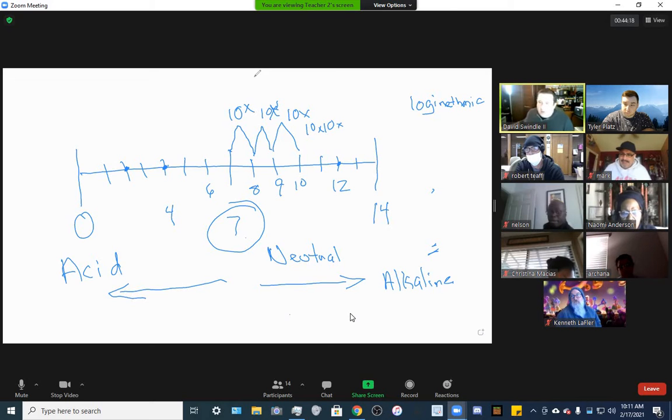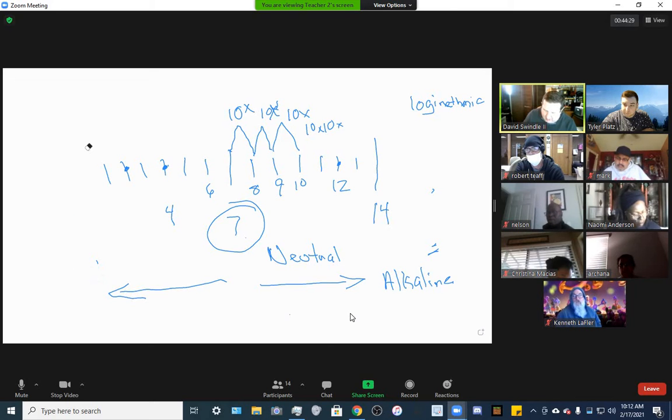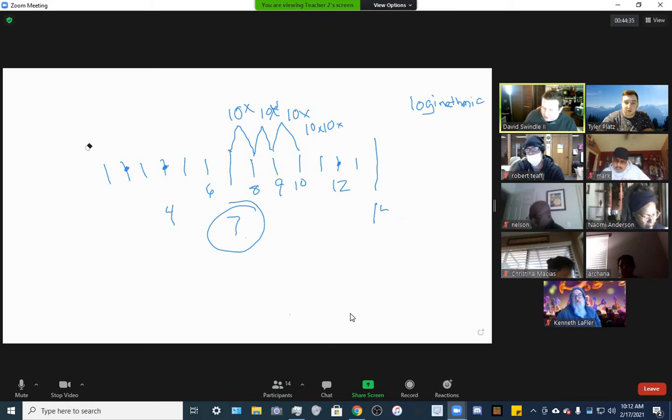Okay, we are going to move on to the next portion of this, and that has to do with dealing with dilutions, how chemicals are diluted. Because here's the interesting thing.